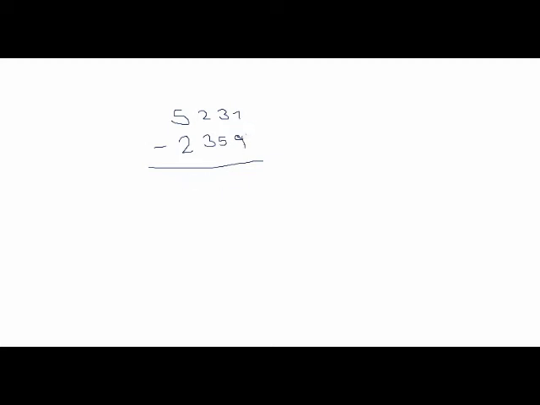Let's go right this way then. So we can go 3, and then we have 3 from 2 is 1, 5 from 3 is 2, and 9 from 7 is 2, and these are all bar numbers.